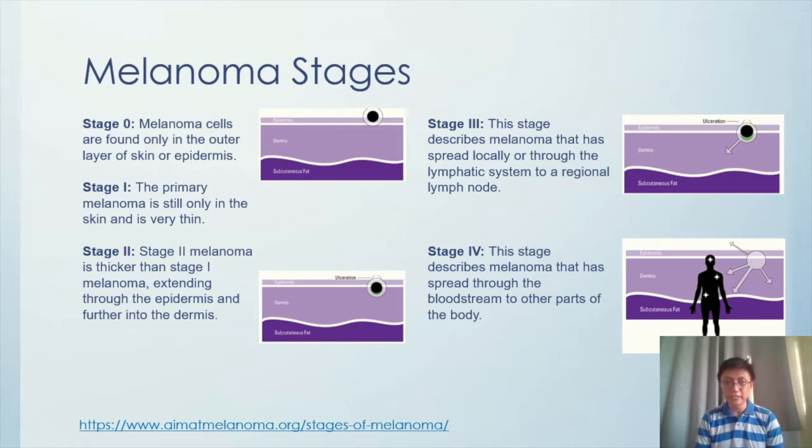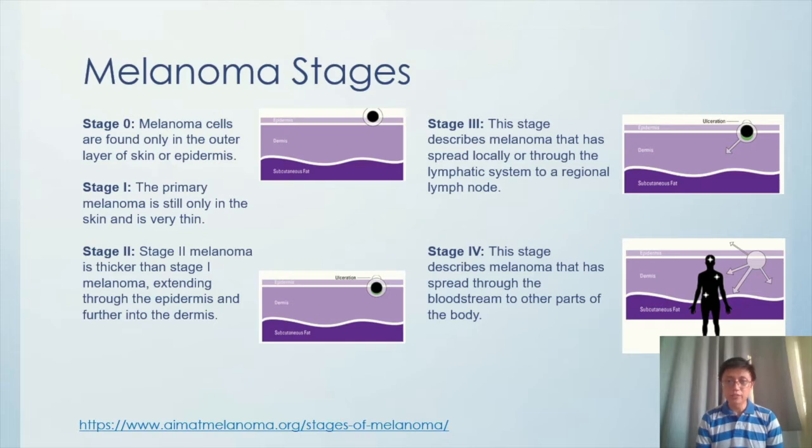For stage 3, and there are actually many stages in between, it describes melanoma that has spread locally, like it has given birth to new satellite tumors in the skin, and it may be spreading into nearby lymph nodes, 2 or 3 lymph nodes, but it's still relatively local in the site.